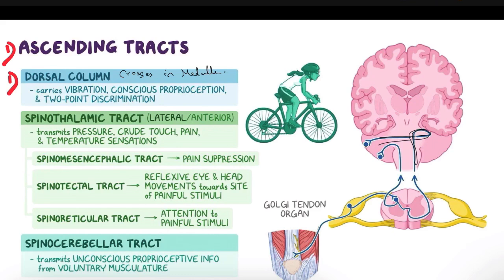Next, the spinothalamic tract, which has lateral and anterior parts. The main point is that it transmits pressure, crude touch, pain and temperature sensation, and it crosses in the spinal cord.